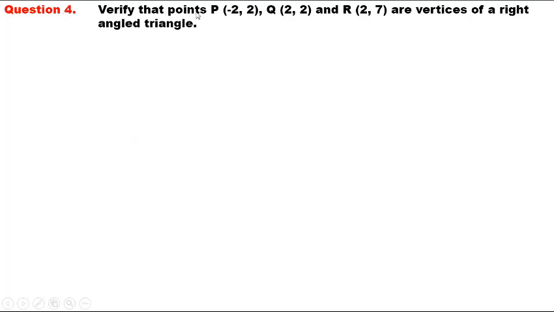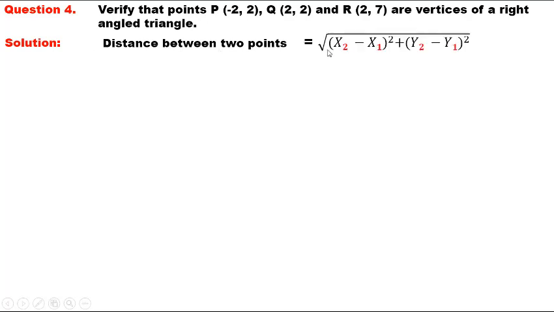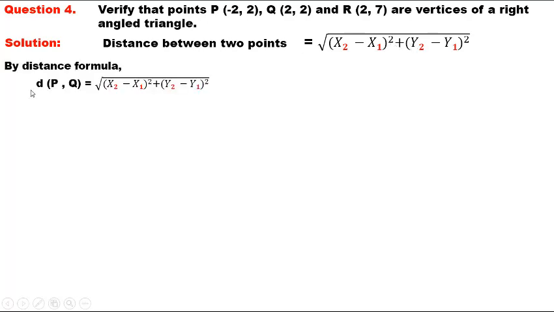Question 4th. Verify that the point P having coordinates (-2, 2), the point Q having coordinates (2, 2), and the point R having coordinates (2, 7) are vertices of a right angle triangle. Solution. Distance between two points is equal to under root of (x2 minus x1) square plus (y2 minus y1) square.